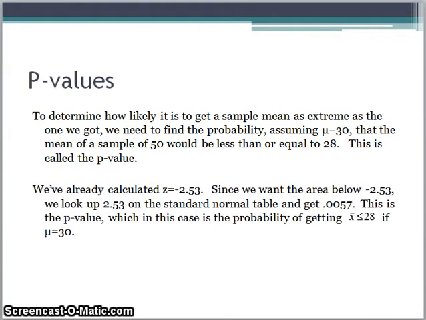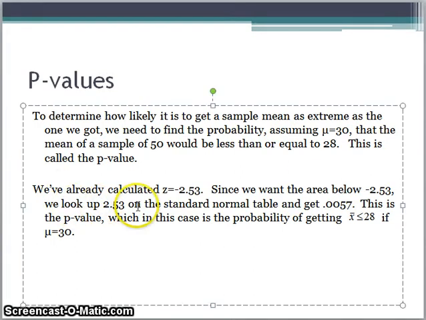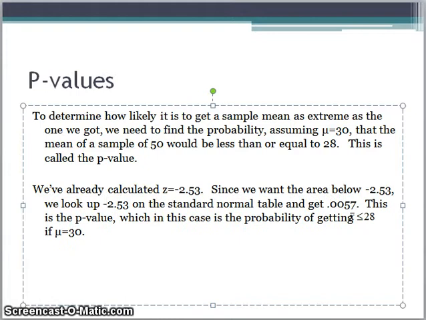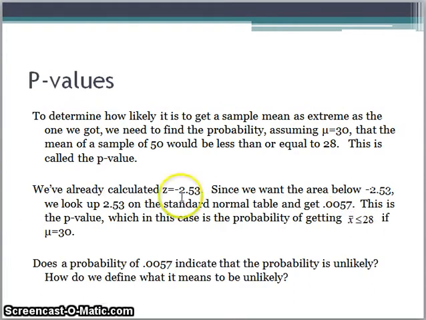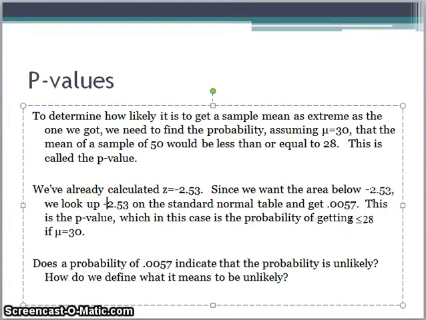And that comes from the central limit theorem. So we want the area below negative 2.53. So we look up negative 2.53 on the standard normal table, and we get 0.0057, and that's the p-value. So in this case, that would be the probability of getting x bar less than or equal to 28 if mu is 30. All right, I'll fix this little error here.